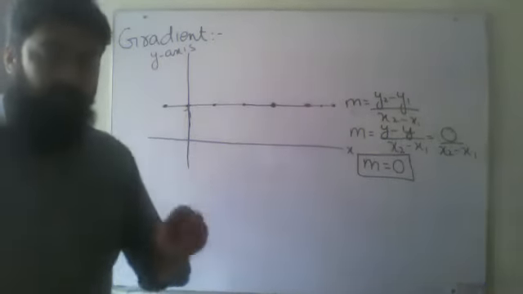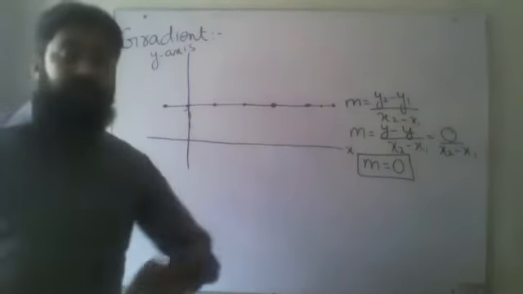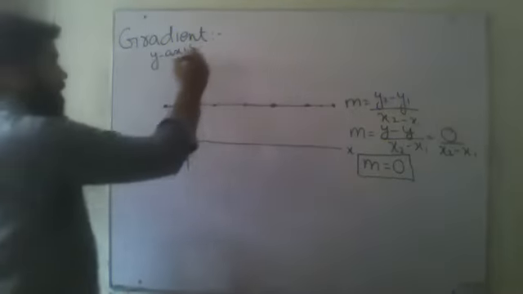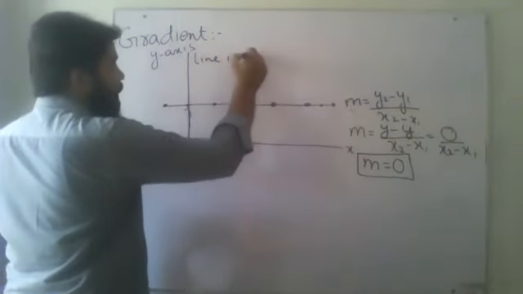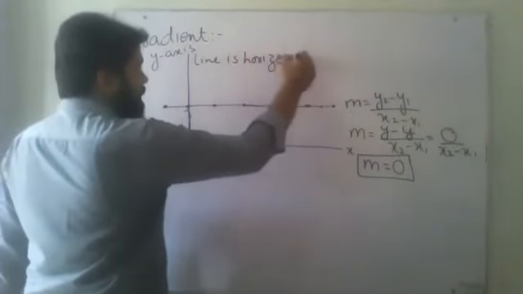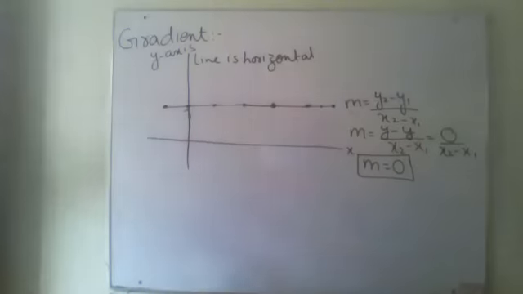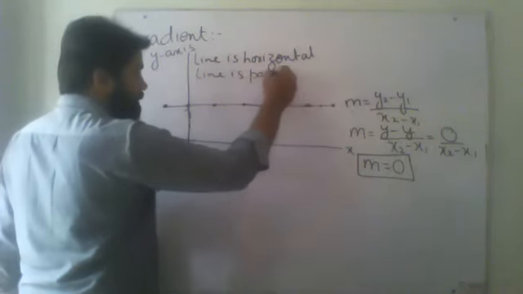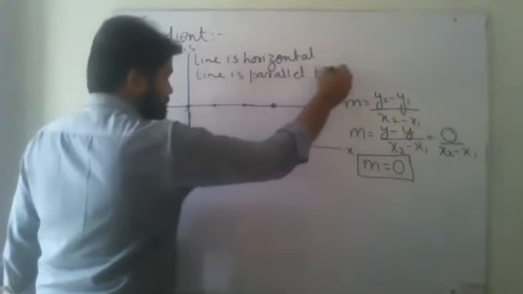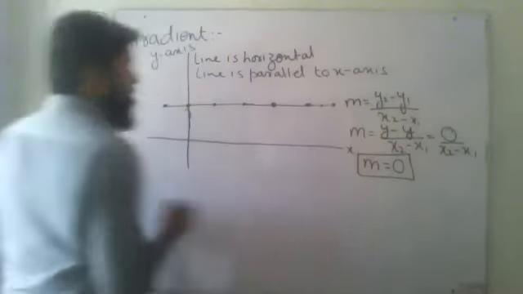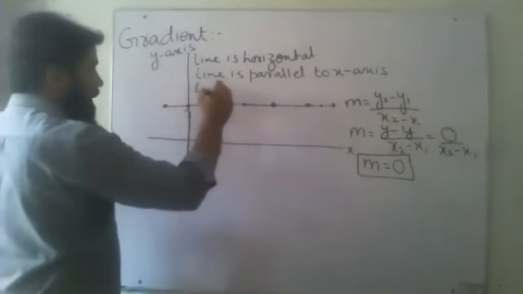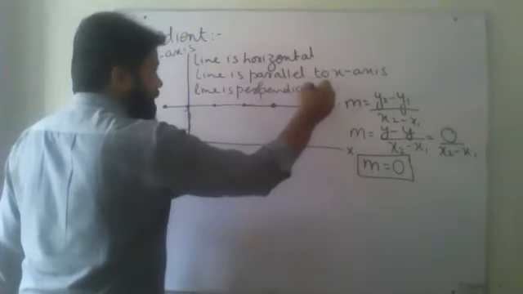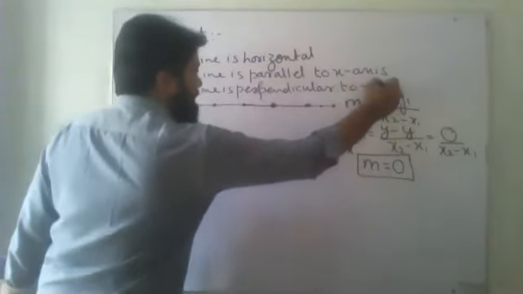3 scenarios will be given. If those 3 scenarios are given, it means you will say my gradient will be 0. What are the scenarios? First of all, line is horizontal, or line is parallel to x-axis, or line is perpendicular to y-axis.